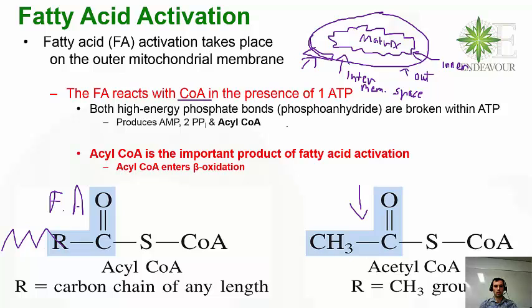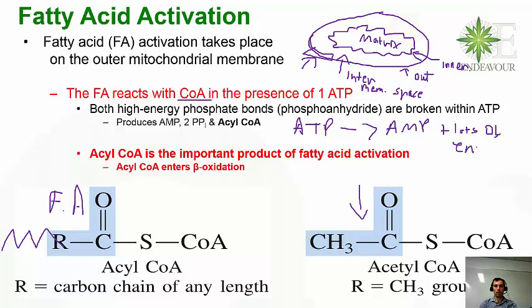So to do this actually requires both of the phosphate bonds within ATP to be broken down. So the ATP will actually get converted to AMP because we cleave these two phosphoanhydride bonds, and that will release lots of energy.